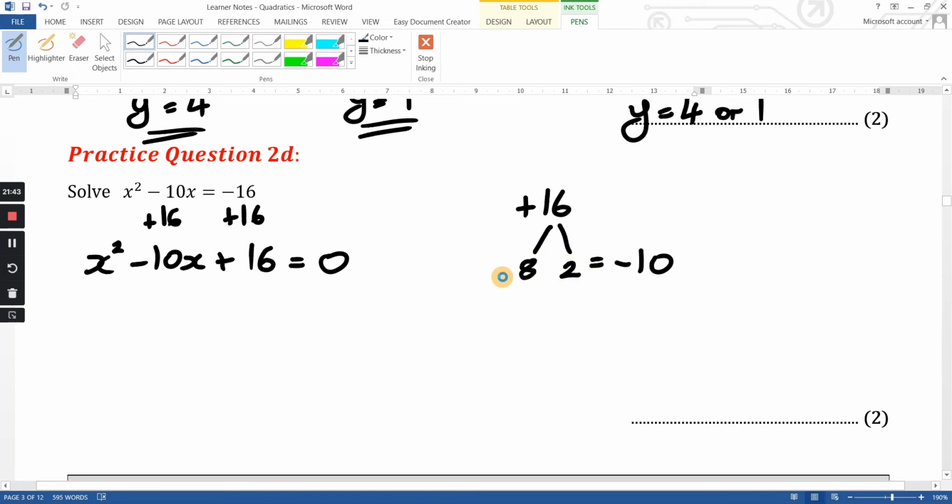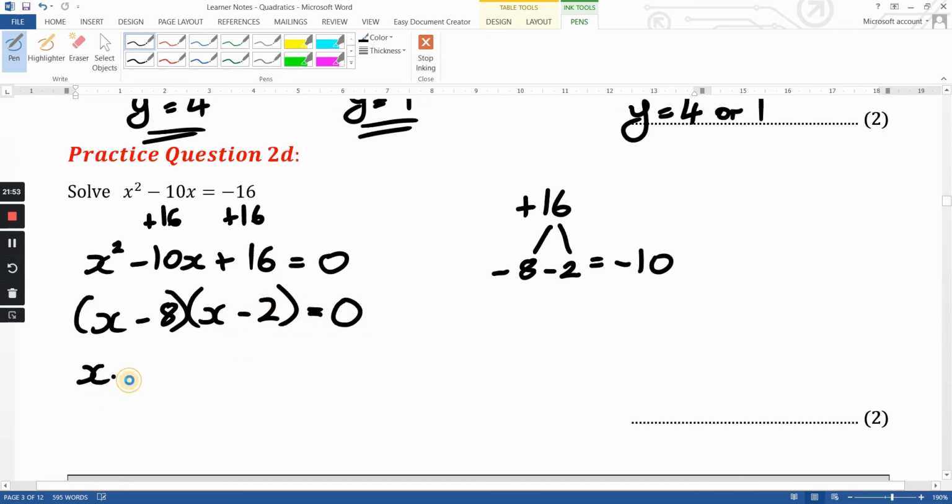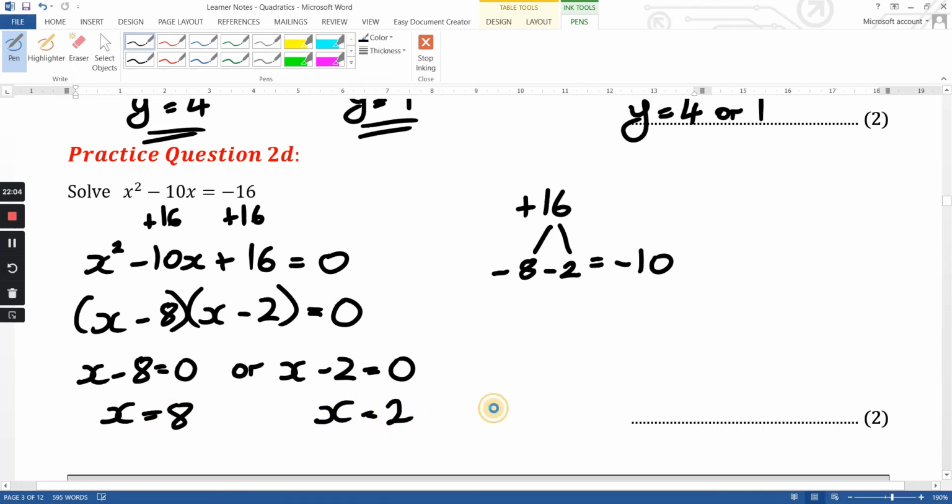And they're both going to have to be negative. So I'll get that. X equals 8, x equals 2. Yeah, there's my two answers. Done.